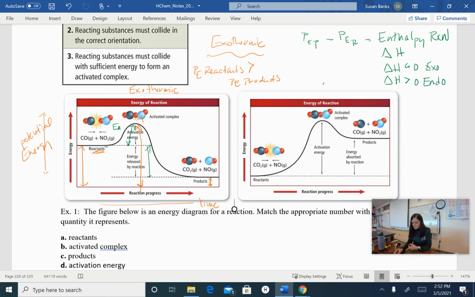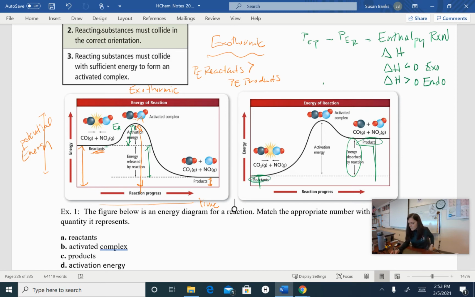Okay, so let's look at this graph over here. Our reactants have much lower energy than our products, right? The potential energy here. So that means that our delta H is actually positive. We had to put energy in here.